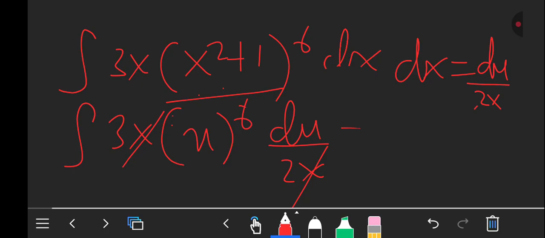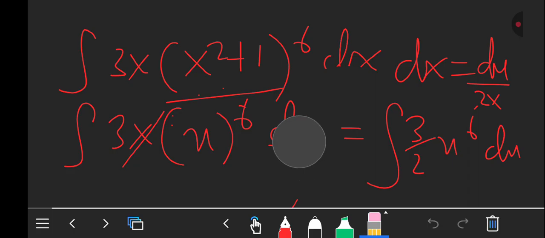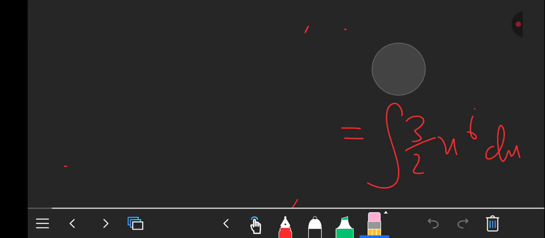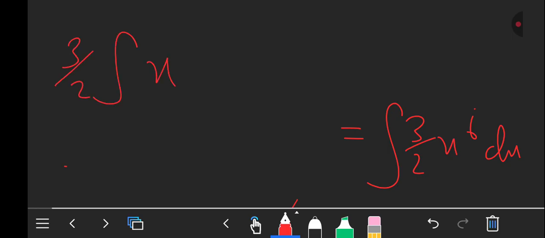So what you have is the integral of 3, because of this 2, we can just say 3 over 2, then u to the power 6 du. We can remove this 3 over 2 outside the integral sign, so 3 over 2 out, then u to the power 6 du.